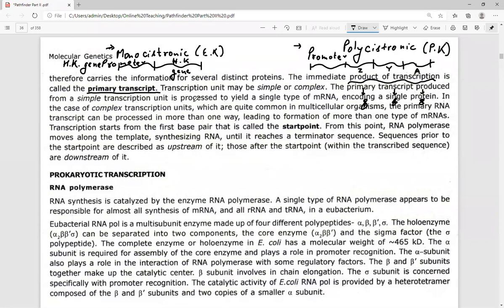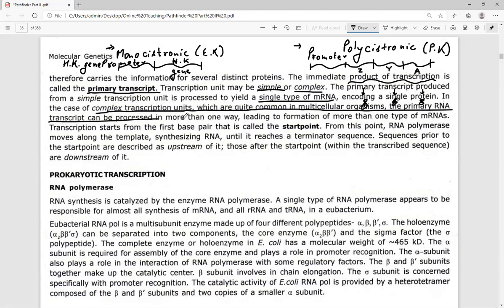The transcription unit can be simple or complex. A primary transcript produced from a simple transcription unit is processed to give a single type of mRNA. Whereas in the case of complex transcription units, which are quite common in multicellular organisms, the primary RNA can be processed in more than one way, leading to more than one type of mRNA being produced.